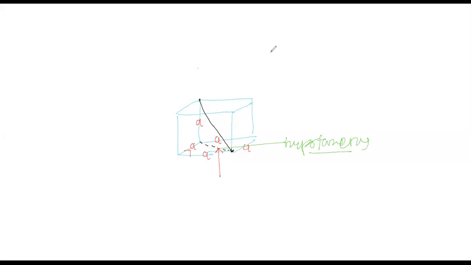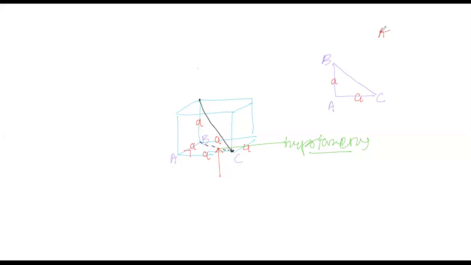Let us say this is triangle ABC, and this triangle ABC I will show you here separately. So your BC is the hypotenuse. So this is BC, this value is A, this value is A.